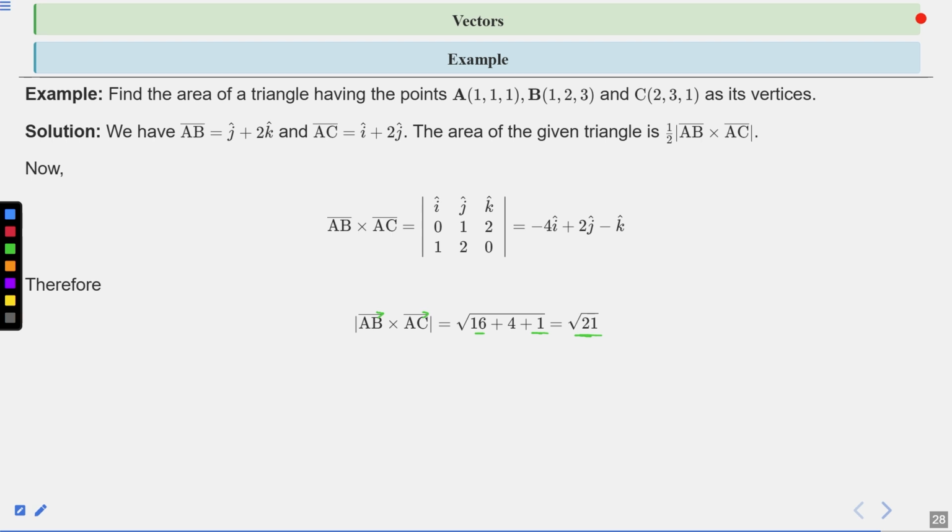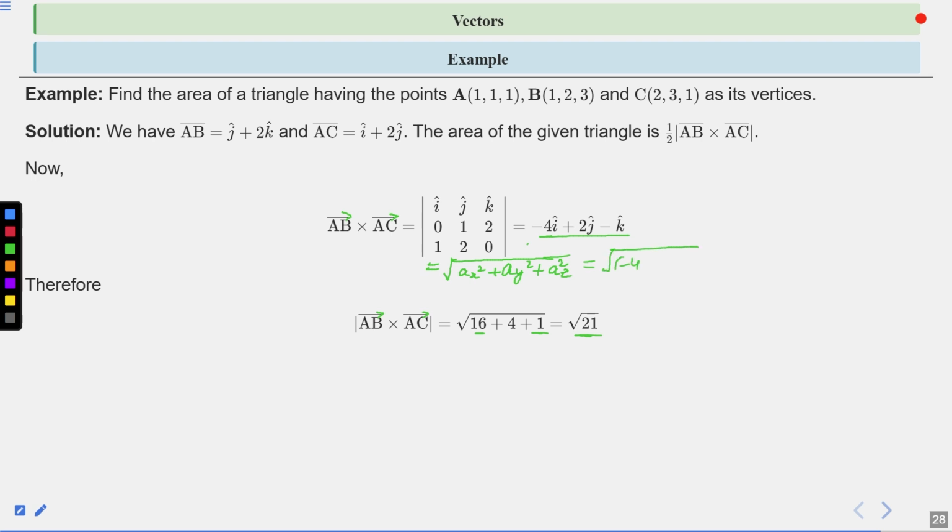So we know, if we have two vectors, the value of AB cross AC is equal to this one. So the magnitude is under root AX square plus AY square plus AZ square. So what is AX?